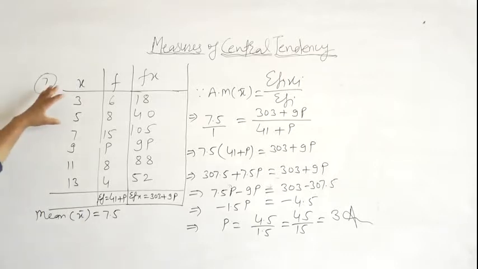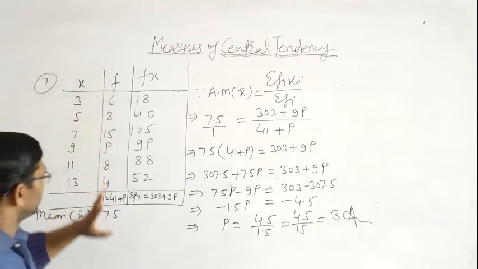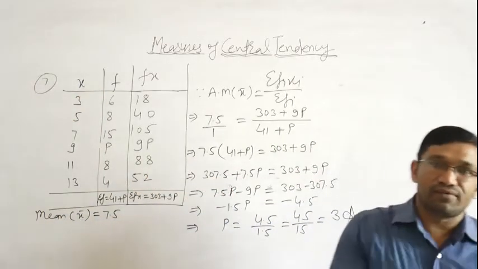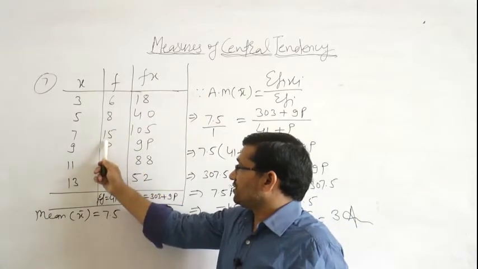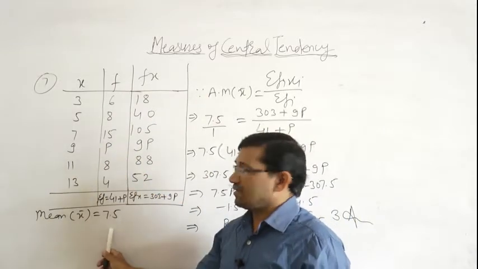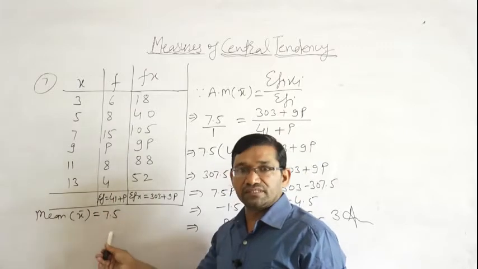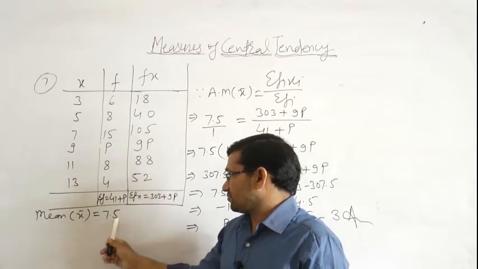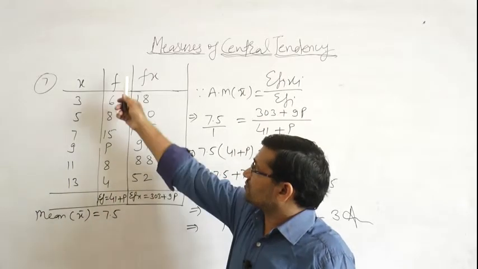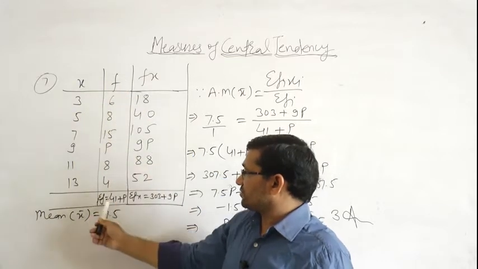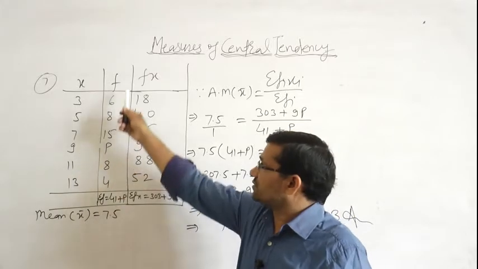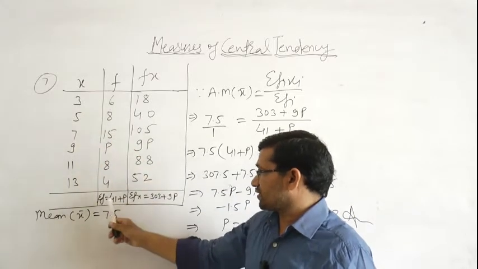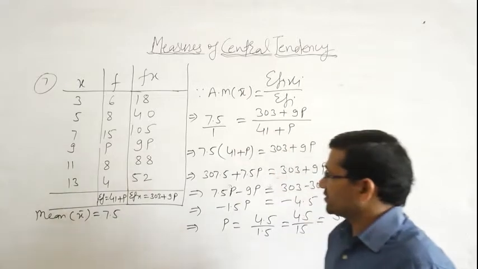So in this question, observations and frequencies are given, but one frequency is not given, that is represented by p, and arithmetic mean of observations is given. Arithmetic mean is 7.5. So first we find out sigma f, the sum of frequencies. Because p is variable and these are constants, 41 plus p is the sum of frequencies.